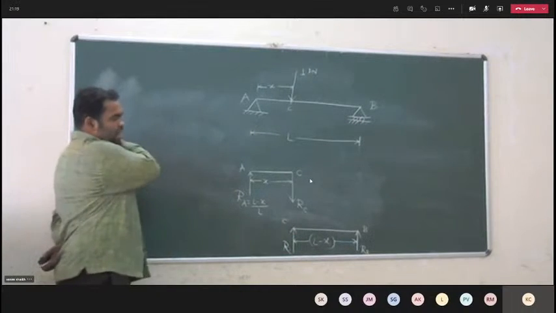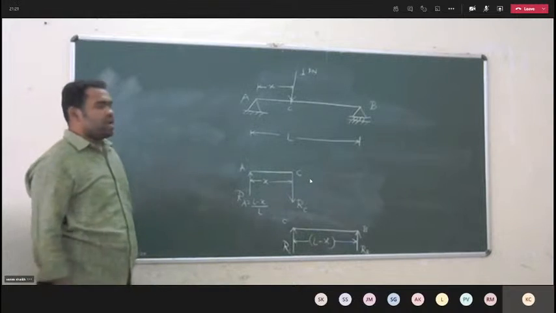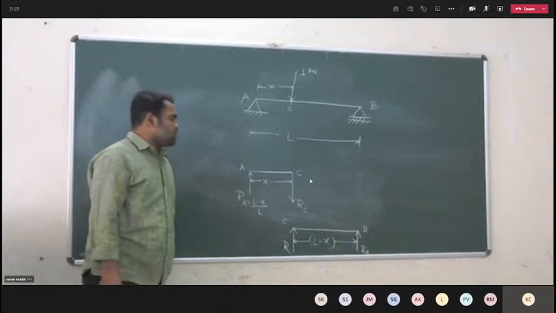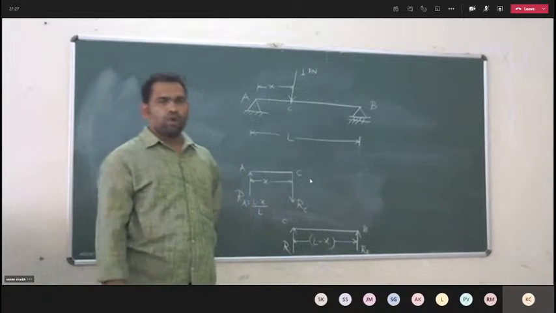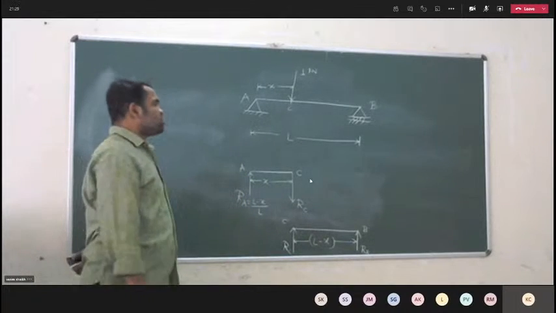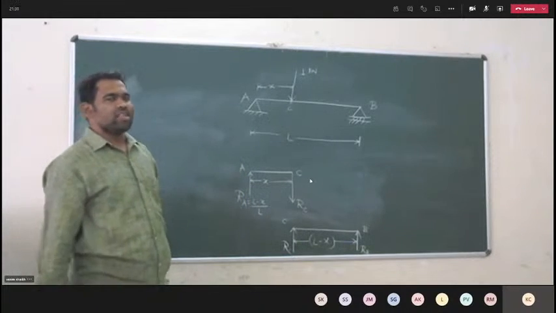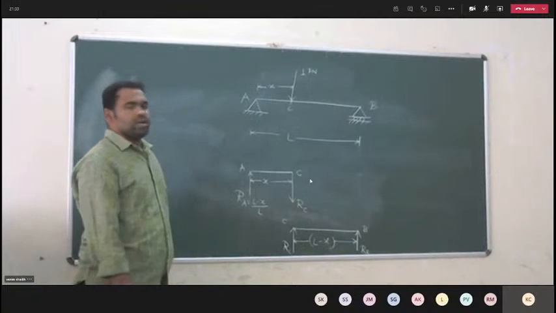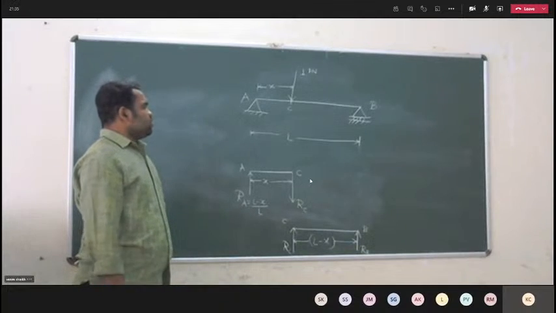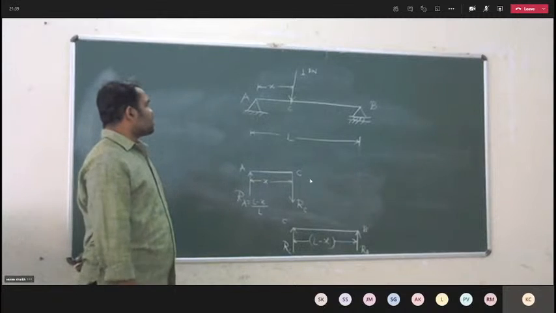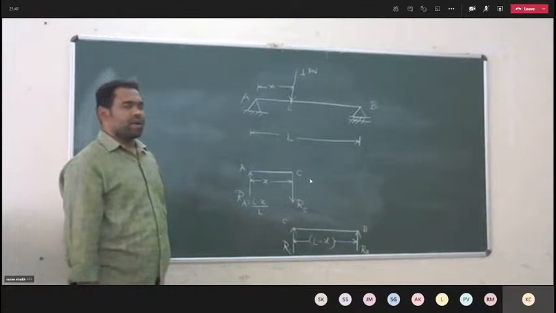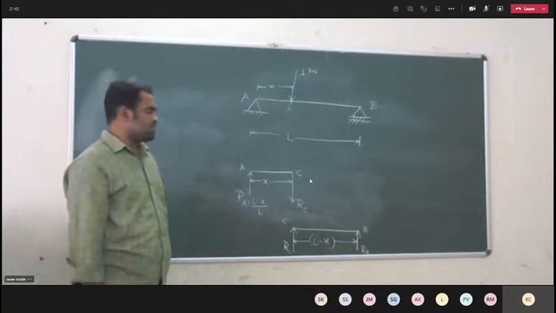So these are the two parts that we have to consider, the left part and the right part of the beam. Why have we considered this at section C? Because we have to draw the ILD for shear force at the given section, that is at C. So for that we cut the section at point C, then consider the left side AC part and then the right part BC.